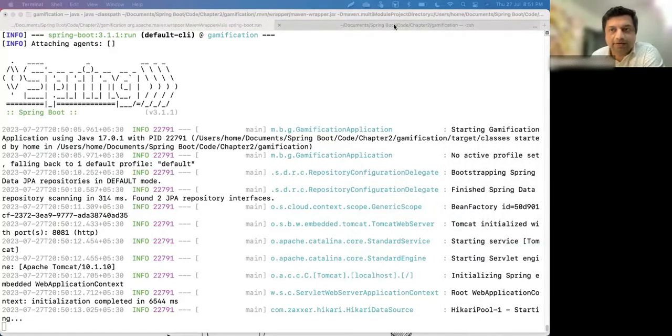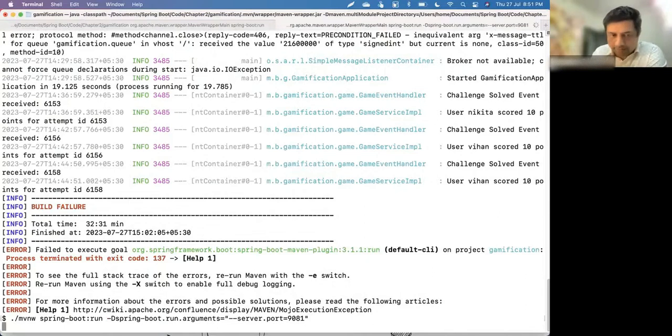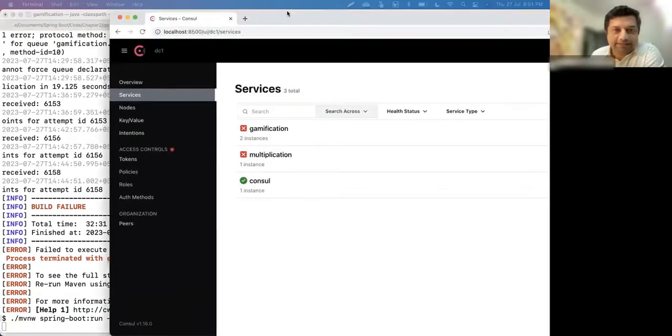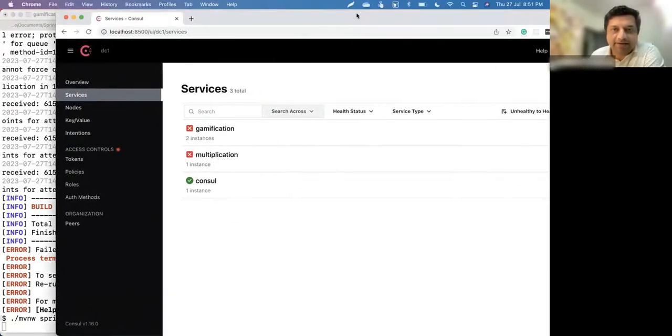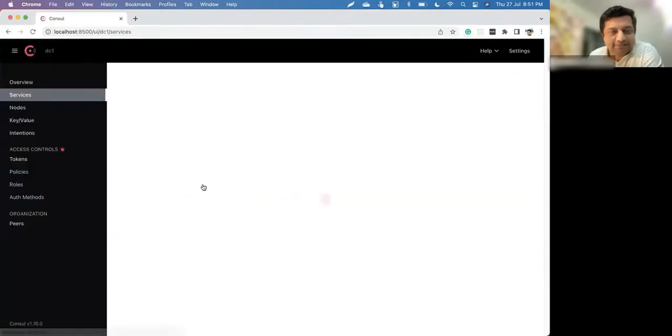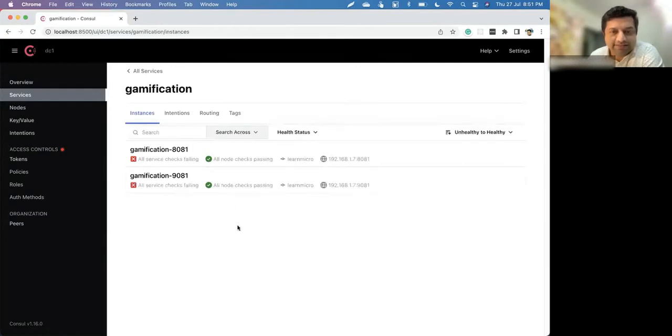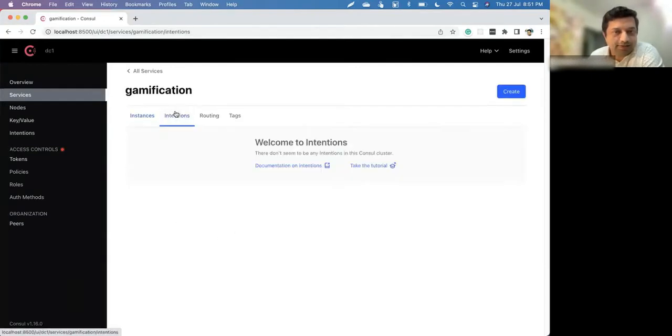So let me run another instance of this also. So I'm running the same instance again in a different port. What actually happens is once the service is up and running, it will update itself in the service registry. So this way it knows whether the services are up or not, right?